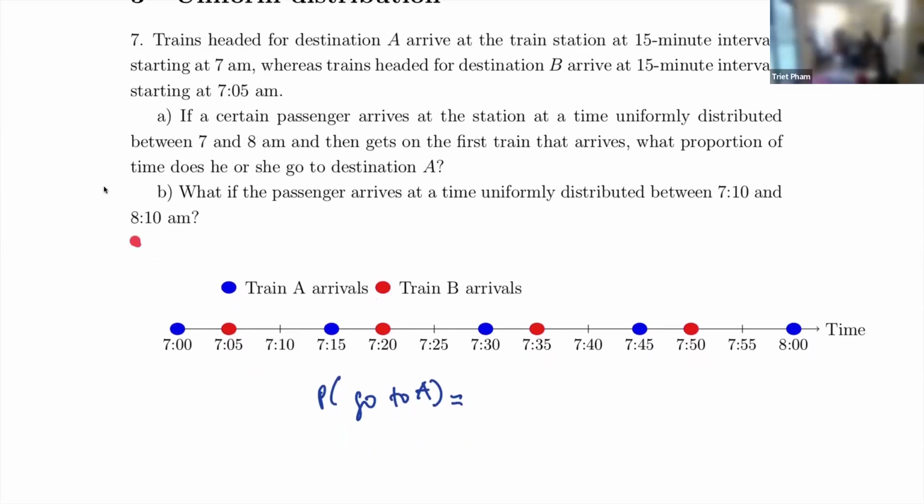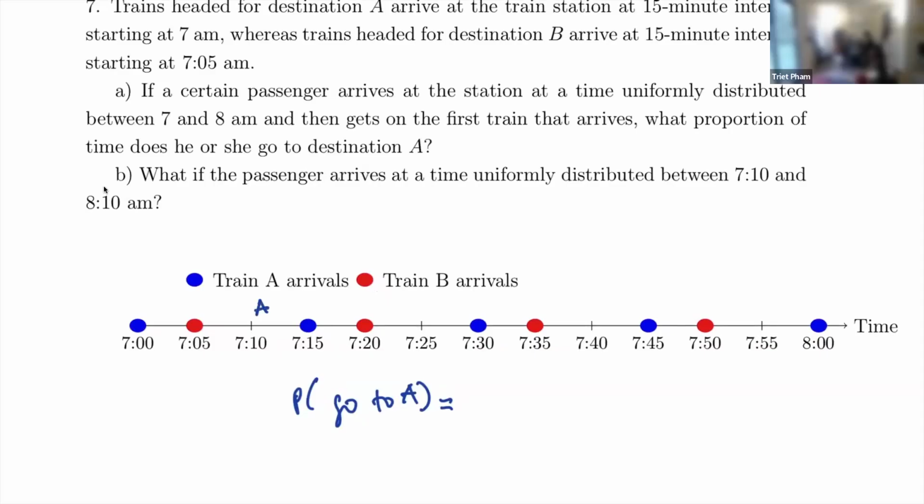If we look at this, it represents the interval from 7 to 8, and the person would have to arrive in these intervals to go to A, correct?